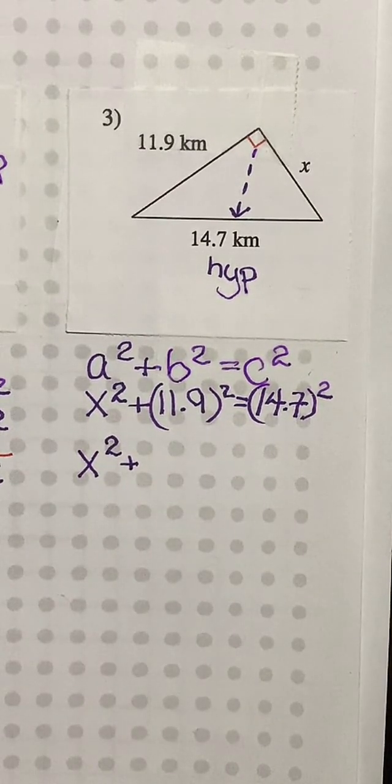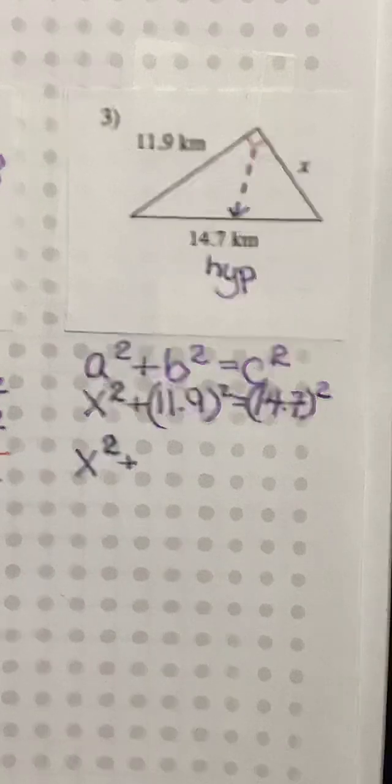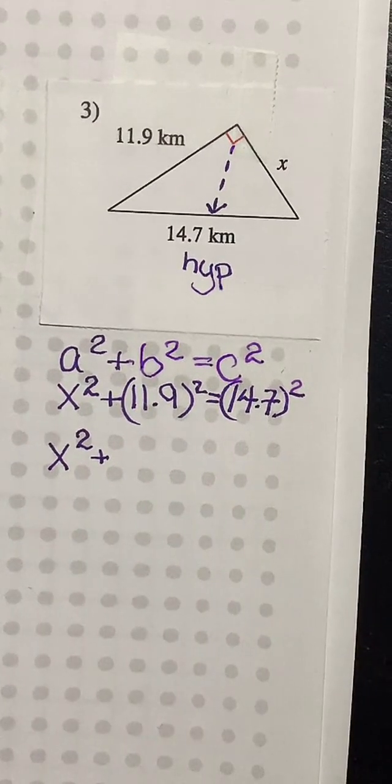Remember, it's not just going to be 11.9 times 2. No, it's 11.9 squared. So I definitely should see an answer with 3 digits before the decimal point. If it's 2 digits, that means you just multiplied 11.9 times 2.